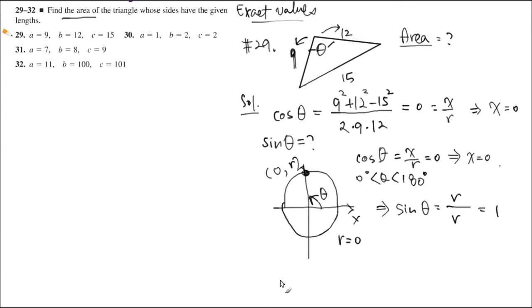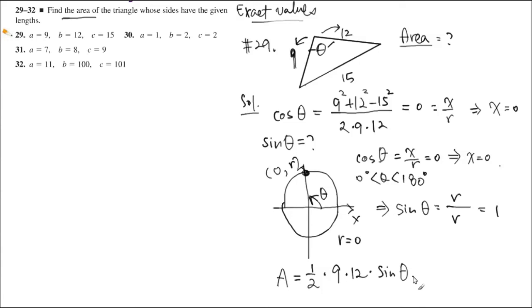So what is the area of this triangle? A is 1/2 times the 2 adjacent sides, 9 times 12, and sine theta, the sine value of the angle in between. Isn't that right?